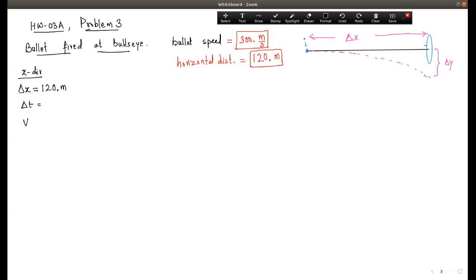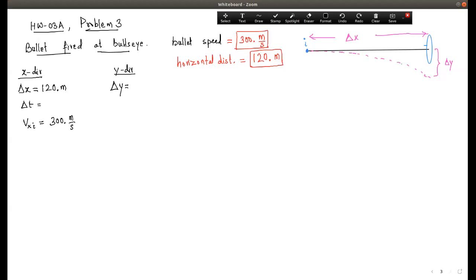V initial in the horizontal direction is the initial speed of the bullet, 300 meters per second. And delta t, we don't know.